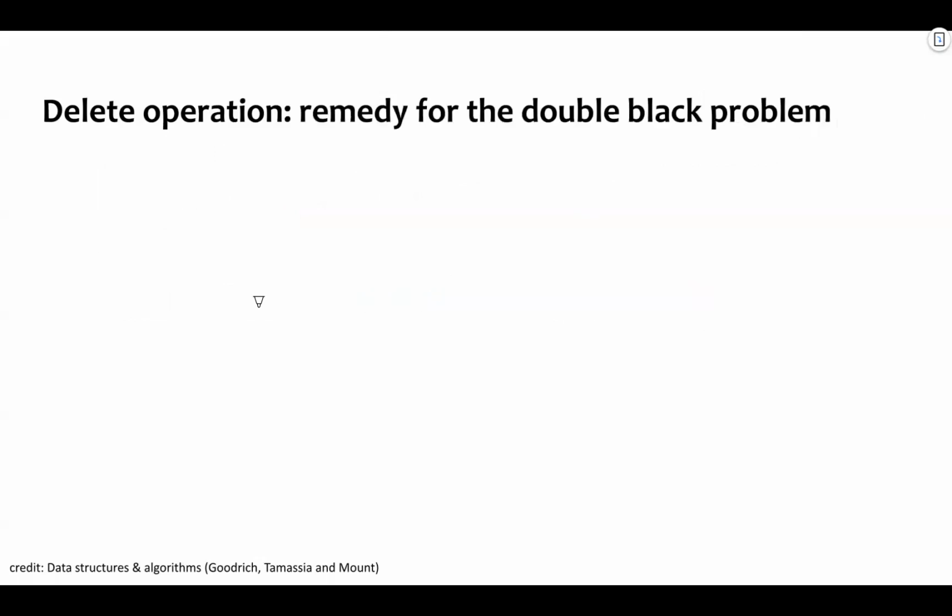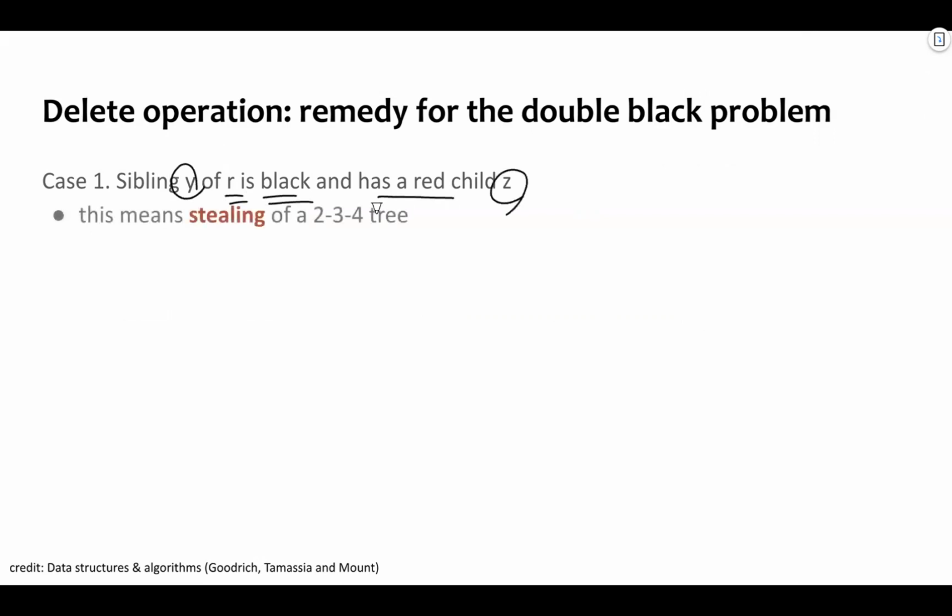And let's have a look at the remedy for the double black problem. Case one is when the sibling Y of R is black and has a red child Z. This means we need to steal something from its sibling, in the case of 2, 3, 4 trees.